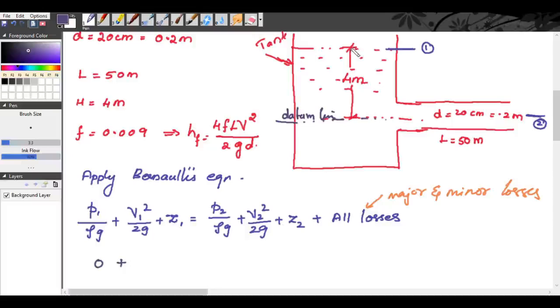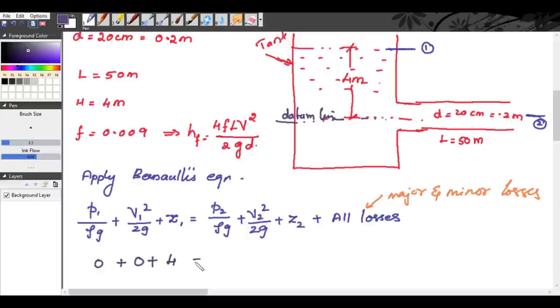So, at this point, pressure is equal to 0, pressure head is equal to 0. Now, the velocity head also will be equal to 0 plus the datum head is 4 meter above the datum. So, 4 meter. See, why are pressure and velocity head equal to 0? Here it is constant. The level of water is maintained constant.